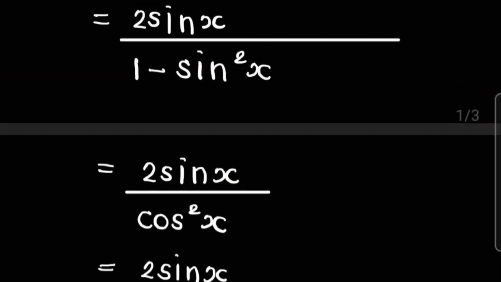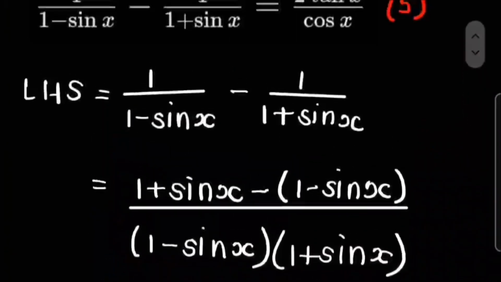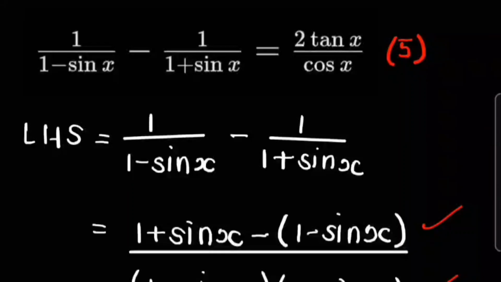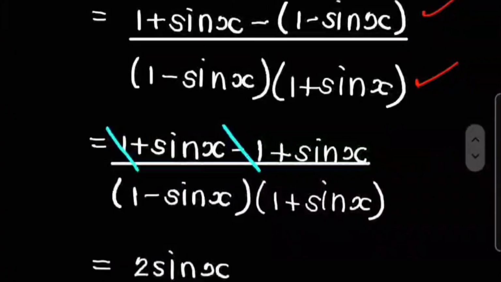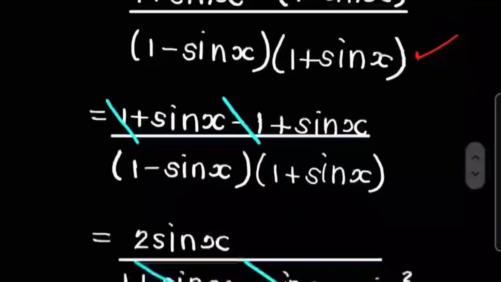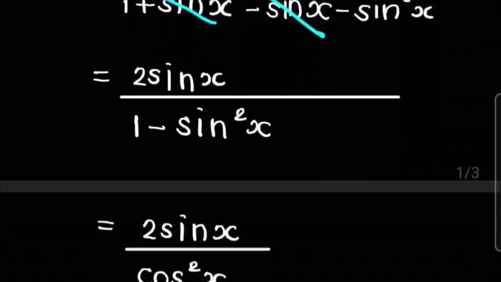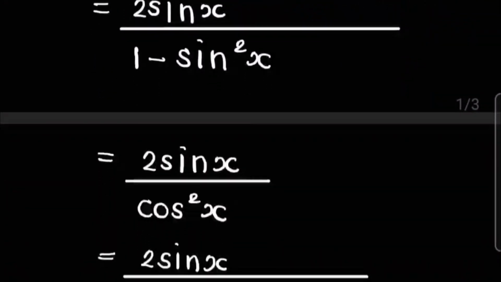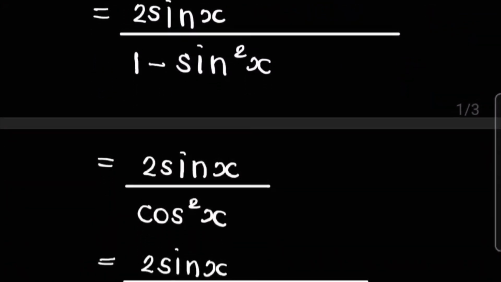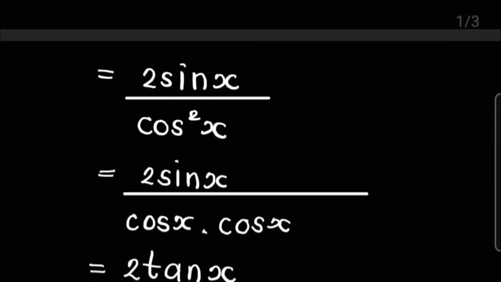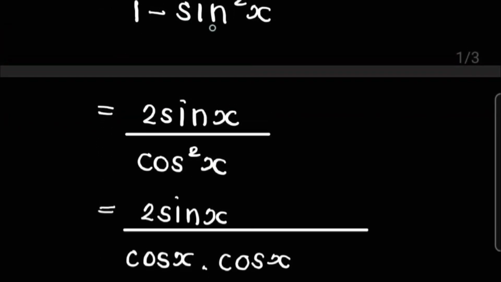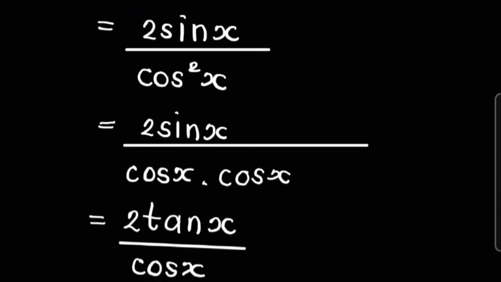So here's where your marks were allocated. You had 2 marks allocated in your first step where you got the LCD and you cross multiplied to get your numerators. The next mark was given for where you simplified, you multiplied out the brackets at the bottom, and where you made use of the identity, so where you replaced 1 minus sine squared x with cos squared x.